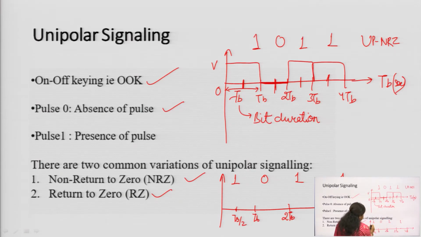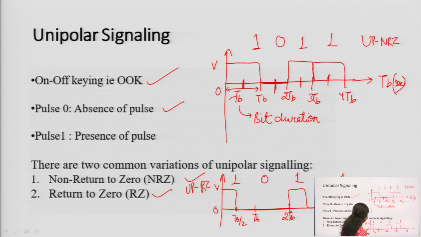Then for unipolar RZ it is going to return to 0, then for 0 there will be no pulse, for this one it is going to return to 0 and this is going to return to 0 for the half bit duration. For the unipolar return to 0 I have chosen only one amplitude, that is plus V, I am not taking minus V.